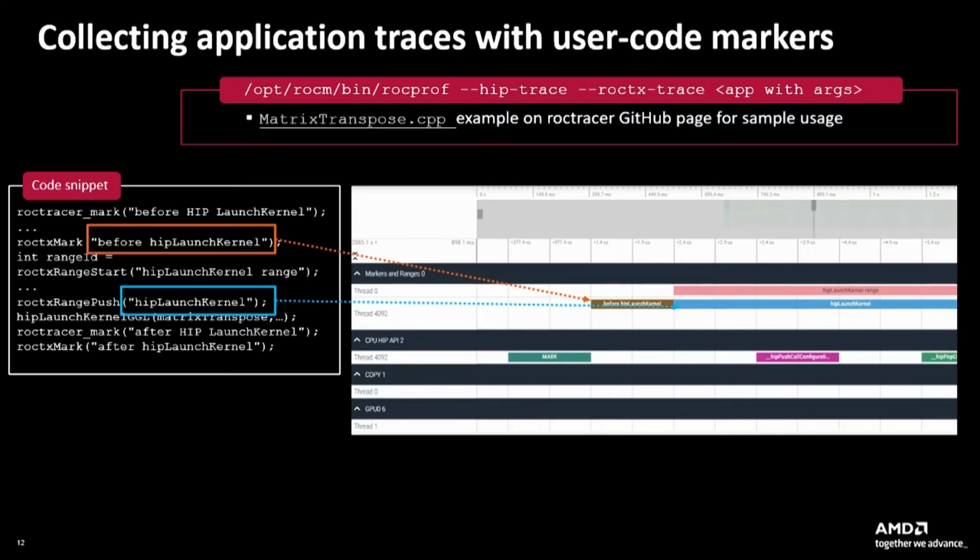When you're using the roctx markers and you want to inject them, say, before the kernel launch and after the kernel launch, and you want to identify those calls, and you open your trace or the JSON in Perfetto, you have those matching labels right there in the markers and ranges section.